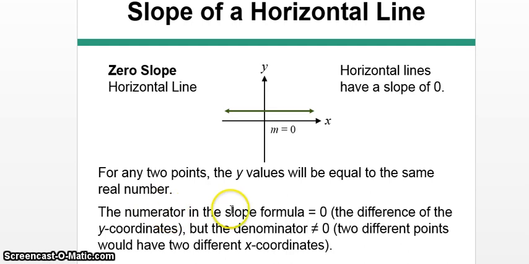The numerator of the slope formula equal to 0, the difference of the y coordinates, but the denominator is not equal to 0. The two different points would have two different x coordinates. 0 over any nonzero number is 0. The slope will be 0 for a horizontal line.